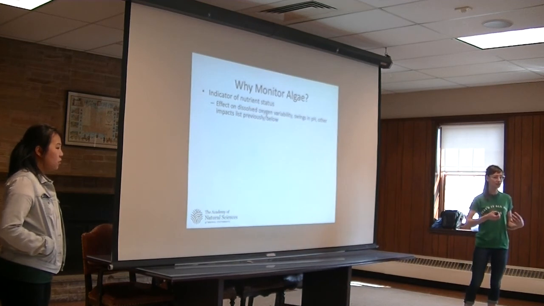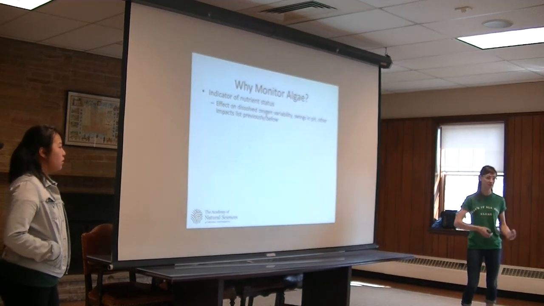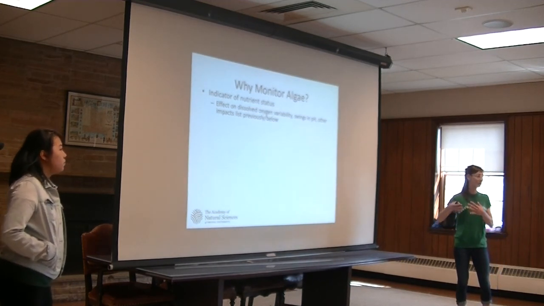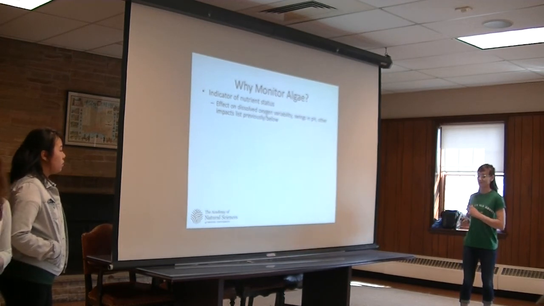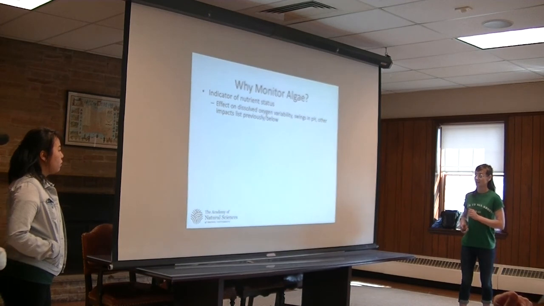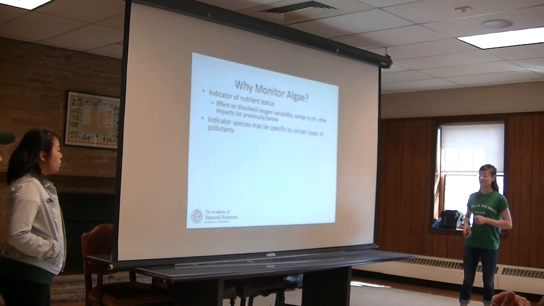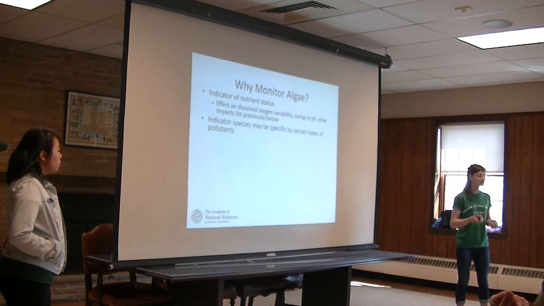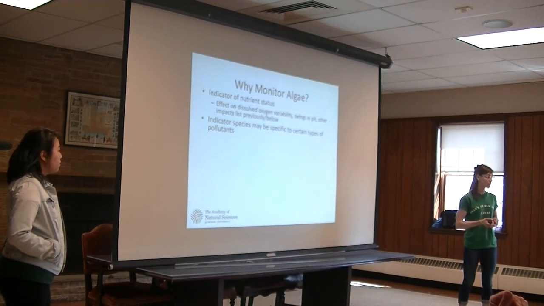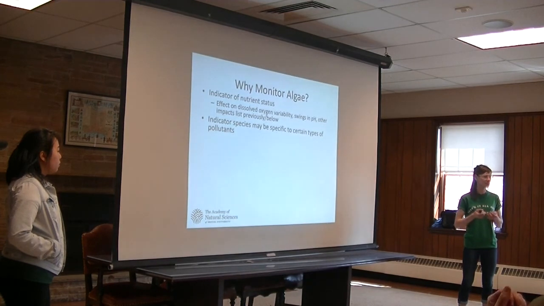They also respond to changes in pH. If you have really acidic conditions, you'll find certain types of algae. If you have really high pH, you'll have a totally different community of algae. Some of the other things that they respond to are other types of pollution, whether that be metals, stormwater runoff, salt, things like that.